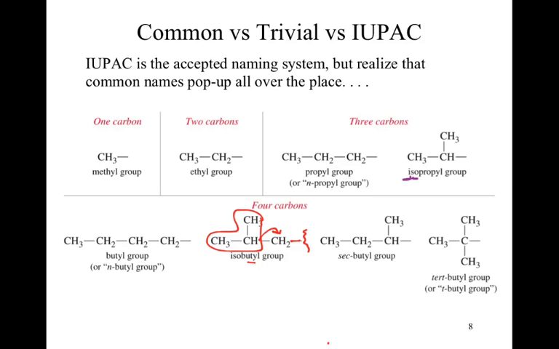The next 2 are known as sec-butyl and tert-butyl. So again, butyl because we have 4 carbons total in the substituent. The way I like to look at this, which is where I think it's actually coming from, is the sec-butyl is sec because the methyl is attached to a carbon that is connected to 2 other carbons, known as a secondary carbon. So we have a sec-butyl group.